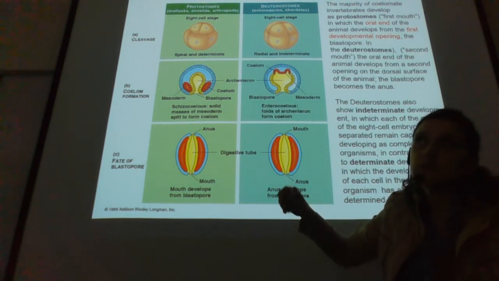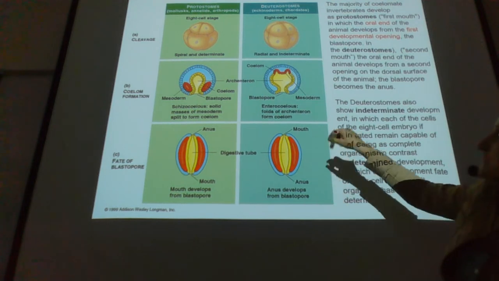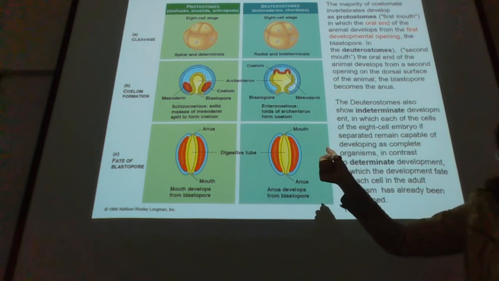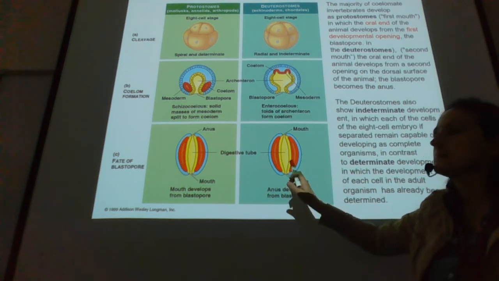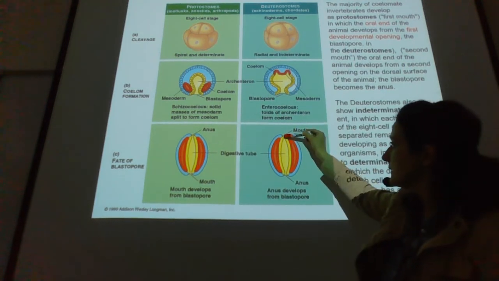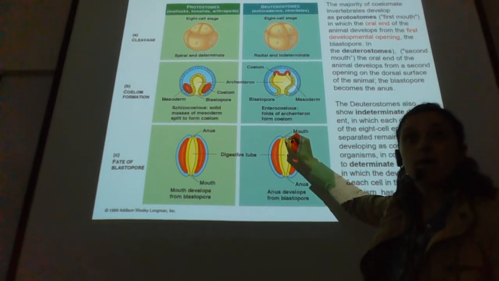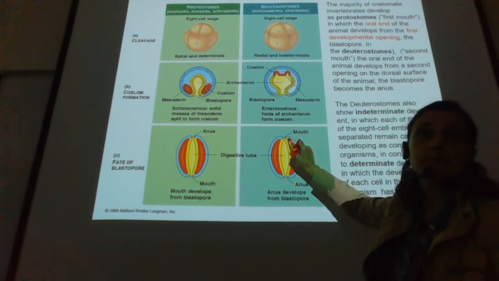Yeah, that's how it started. But for some reason, things have shifted around during evolution where the blastopore, instead of becoming the mouth, will become the anus. And then another opening will appear on the embryo, a second opening, which will become the mouth.